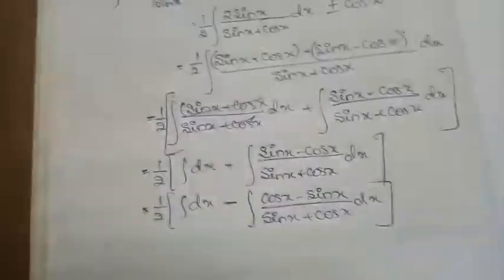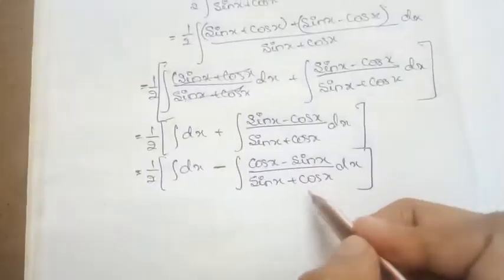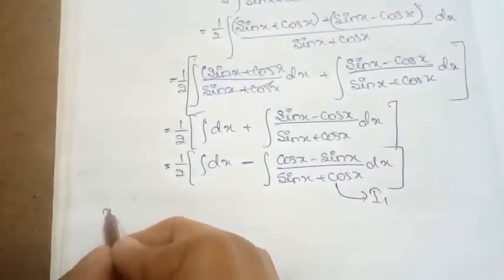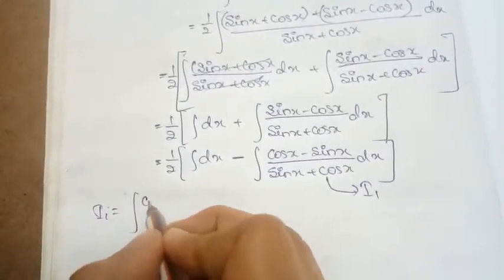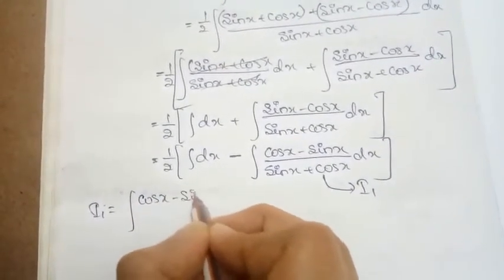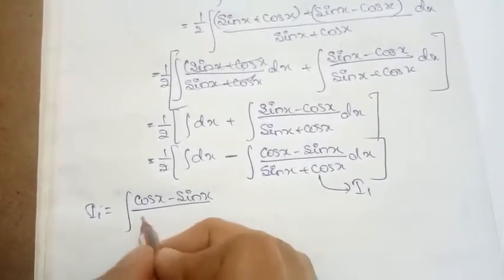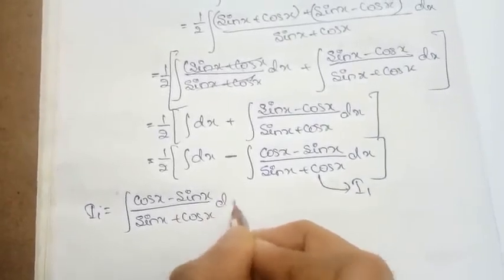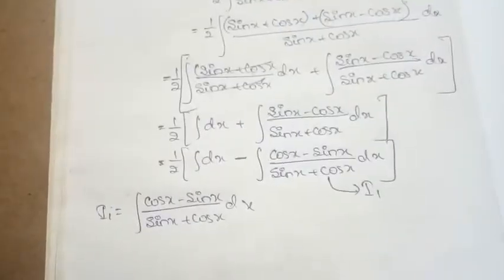This is for our convenience. Now I am calling this one I1. So now I am considering I1, that is the integration of cos x minus sin x divided by sin x plus cos x dx.